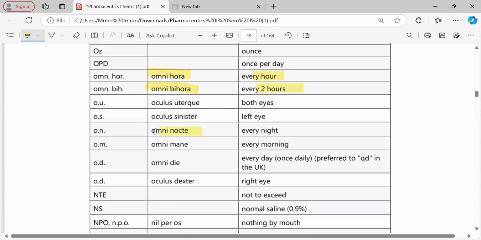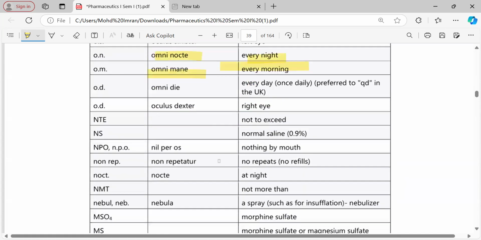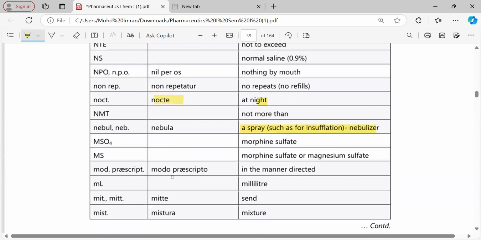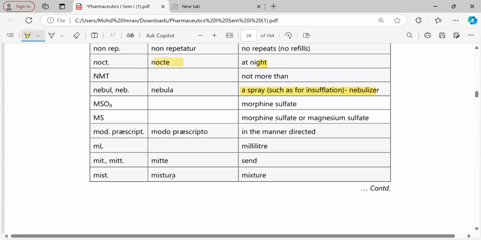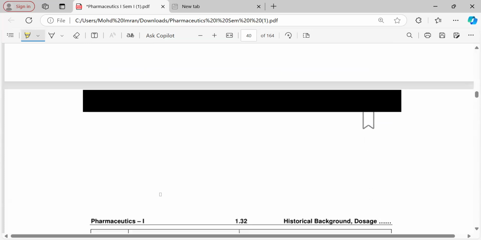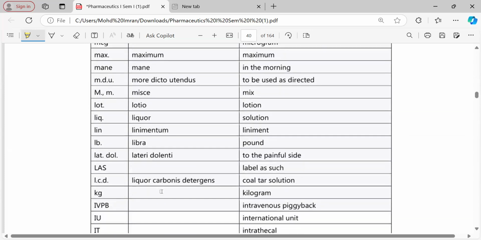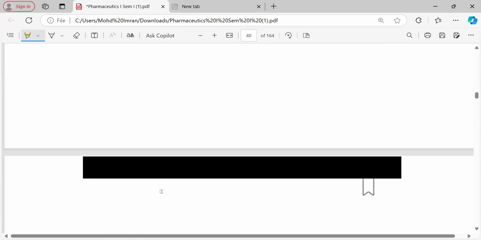Inkoti omni nocte, every night, omni mane, every morning, right? So nocte means take the drug at night, nebula means spraying. Ippudu kuda we use the term nebulizer, right? So misce means mix, mixtura, misce mixtura ante mix well, right? So these are some examples of Latin terms అండి.